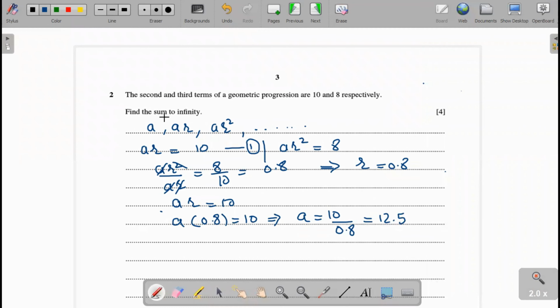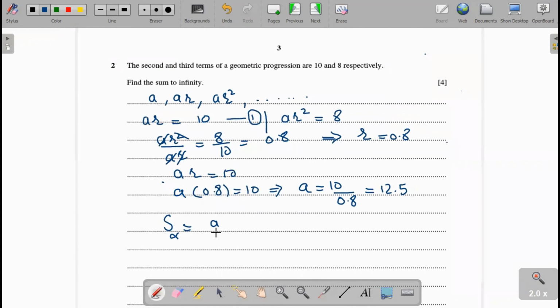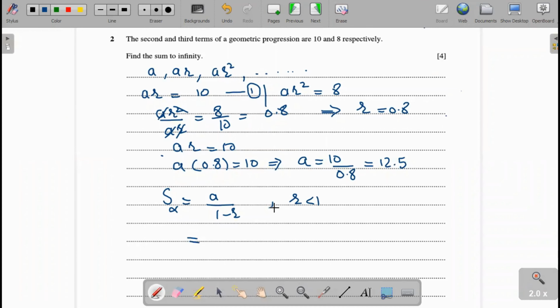Now find the sum to infinity. The formula is sum to infinity equals a over 1 minus r. Here r is less than 1, so we can use this formula. We put the value of a here, 12.5, and 1 minus r is 1 minus 0.8.